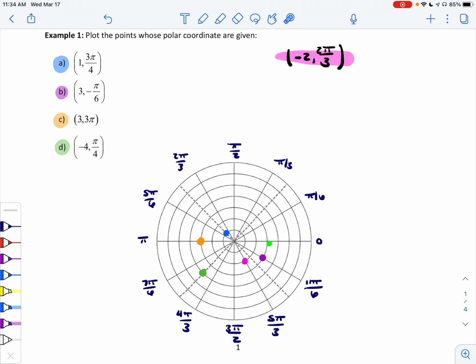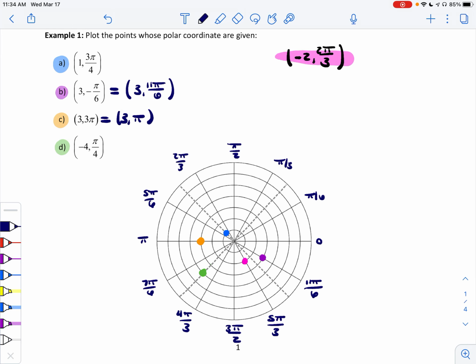But we know that the angle negative pi over 6 is the same as 11 pi over 6. So we could also write this as the point 3, 11 pi over 6. Or if we look back at C right here, we had the point 3 and 3 pi. But 3 pi is in the same location as pi. So this would be the same as 3 and pi.